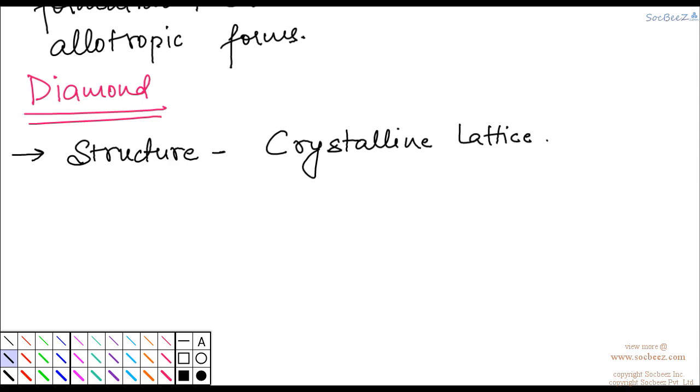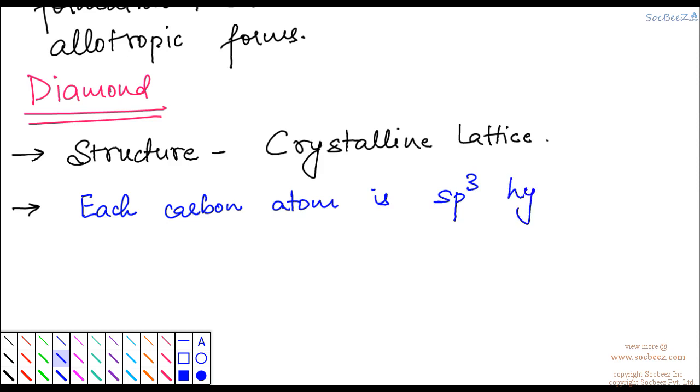Another important feature is that each carbon atom is sp3 hybridized.